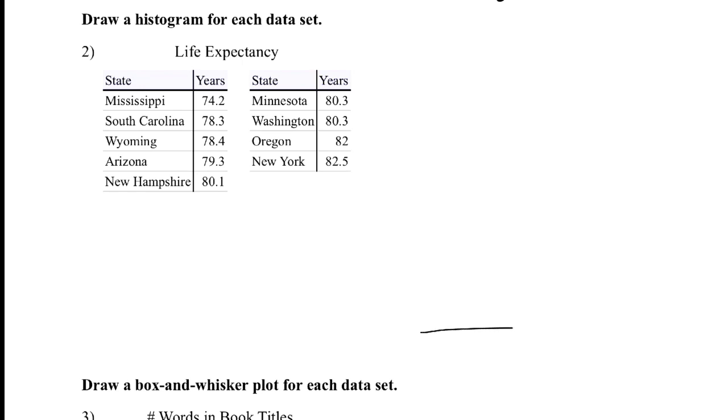histogram down here. So we're going to start here at 74, and then we'll have 75, 76, 77, 78, 79, 80, 81, 82, 83.